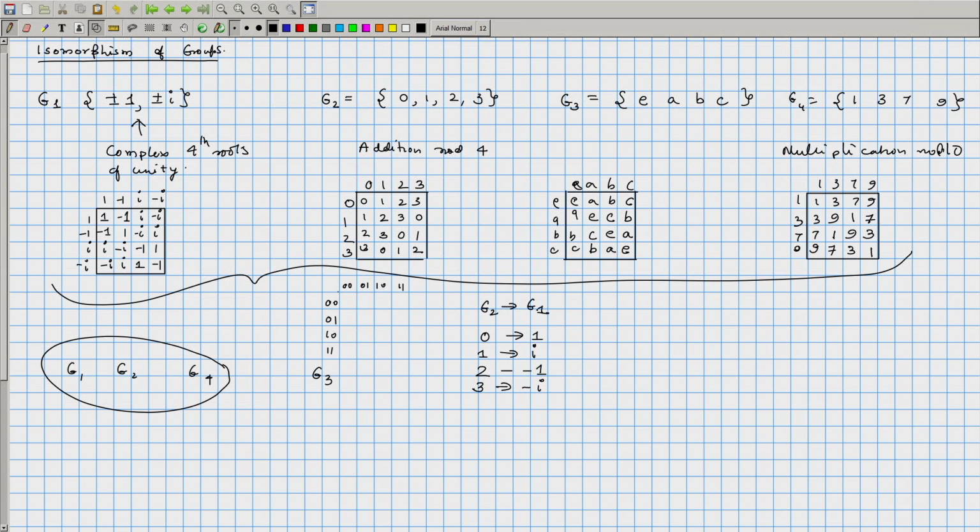So, G1 and G2 are isomorphic, because this mapping will make this particular group behave exactly like mod 4. Okay. And if you want to convert G2 to G4, so 0 will be mapped to 1, 1 will be mapped to 3, 2 will be mapped to 9, and 3 will be mapped to 7.